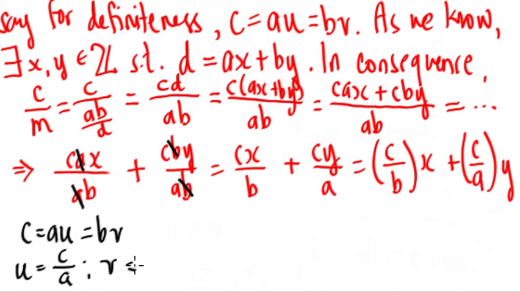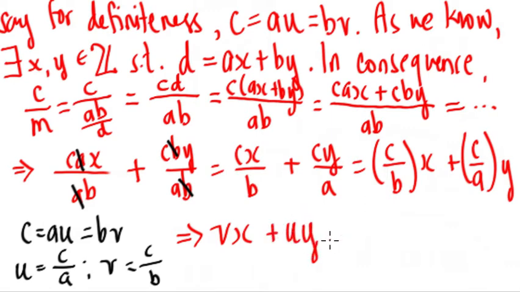Isolating V, we have C over B. So substituting here, C over A is U and C over B is V. We have Vx plus Uy. Now from this equation, we can see that Vx plus Uy ends up in this form.